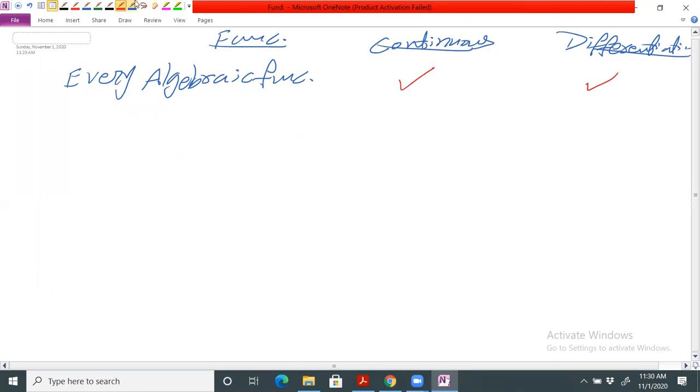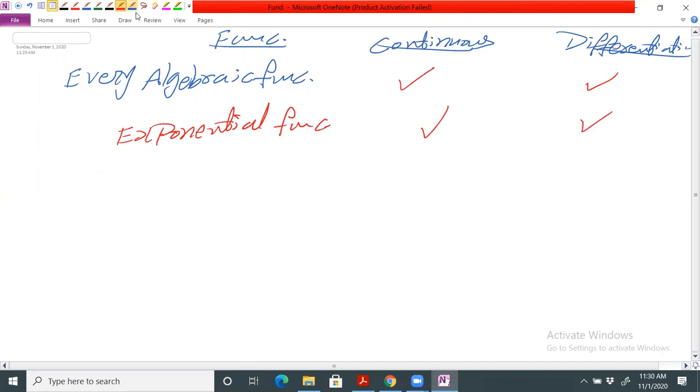Next, I'm taking the exponential function. Every exponential function is also continuous everywhere and also differentiable everywhere.